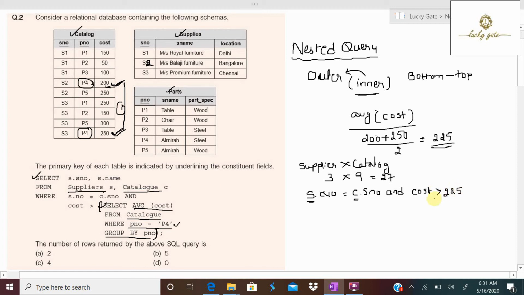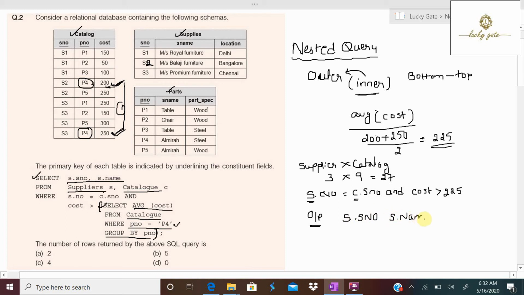So now the query appears like this: select s number, name from supplier, catalog where s number equals c s number and cost greater than 225. It is going to find in the final output s dot s number and s dot name.